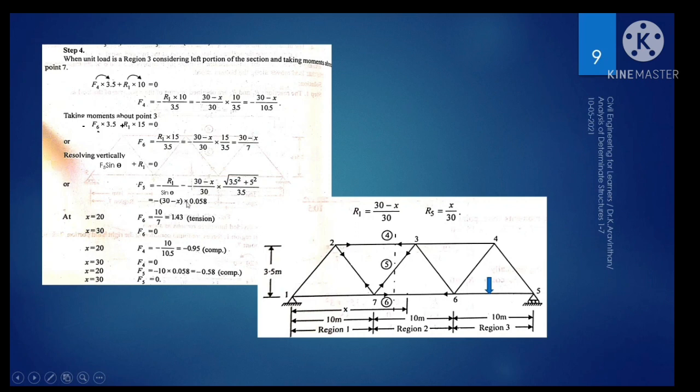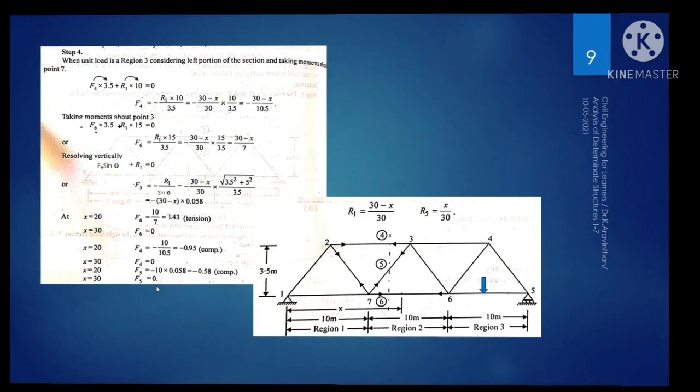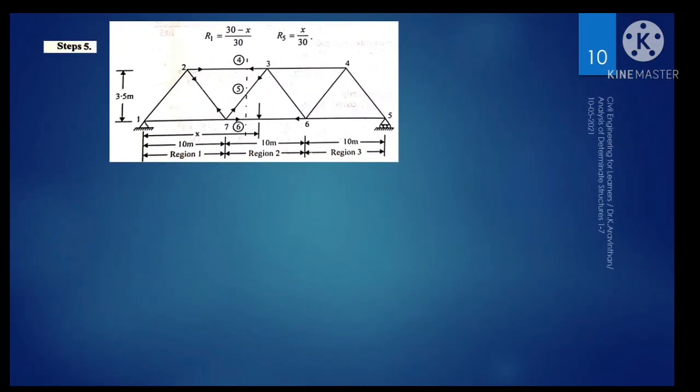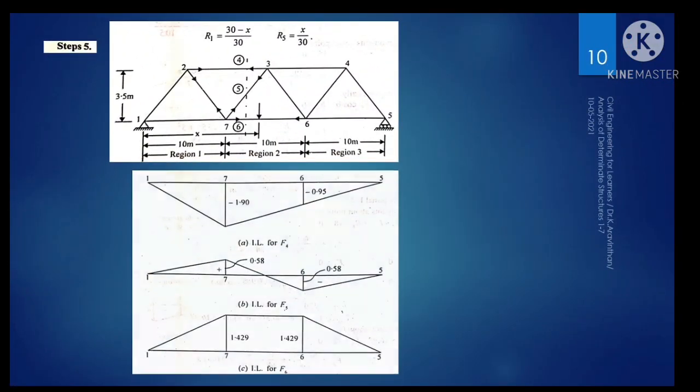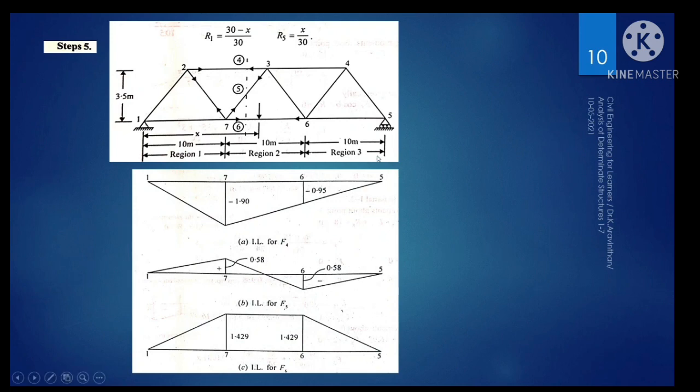Okay. For finding F5, substitute 20 here, and you will be getting minus 0.58 compression, and if you substitute 30 here, x equal to 30, you will be getting 0. Now you know all the values. This is the step 5. You can apply the values here.